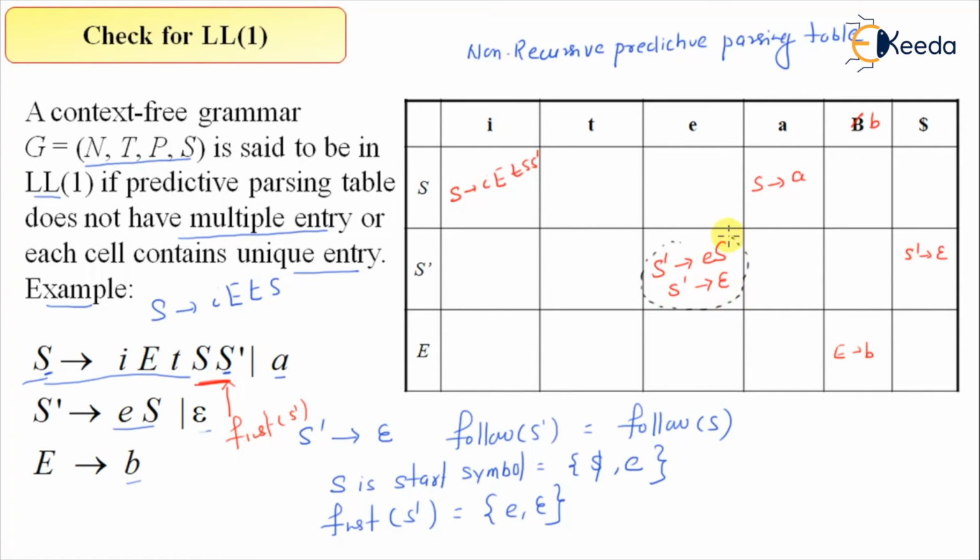There should not be a multiple entry, but here we have one. So we can conclude that the given grammar is not LL1. If it is a single, unique entry, then it is LL1; otherwise, it is not LL1. That is how we can check whether the given grammar is LL1 or not.